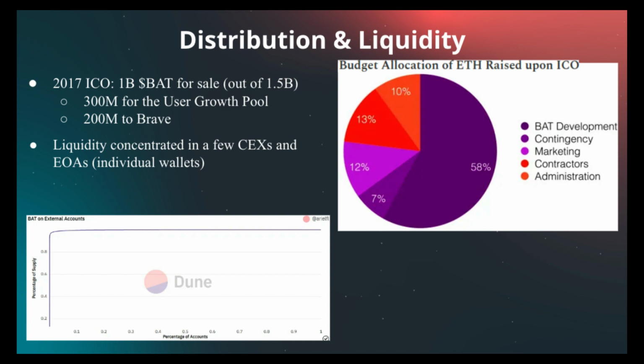And the remainder of the liquidity, like 66%, or I guess 70-something percent, is sitting on individual wallets, and the remainder, which is close to 30%, is sitting on exchanges and is mostly concentrated on centralized exchanges. So I don't know if there's some risk on that or not. I hope not, certainly.